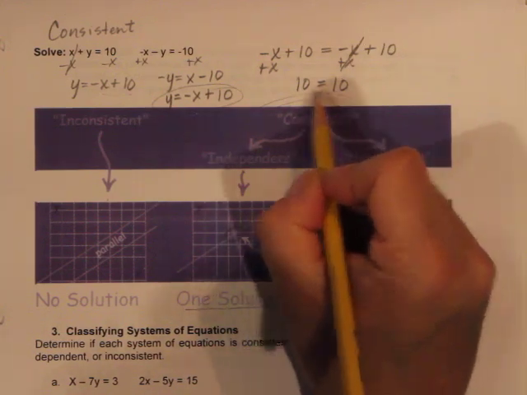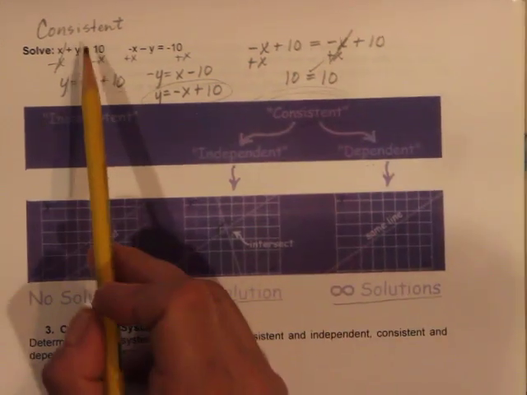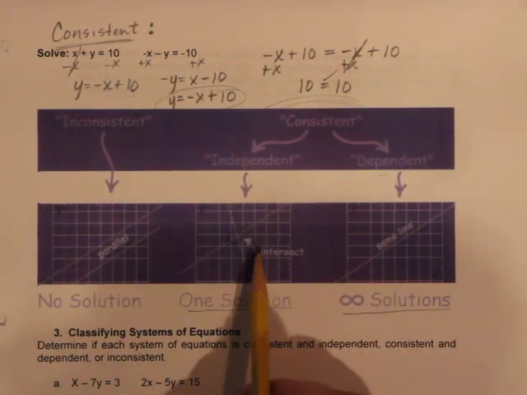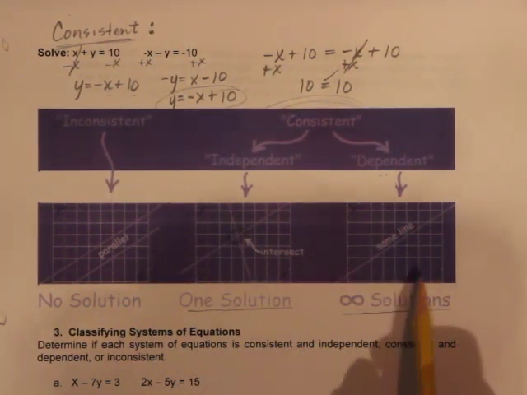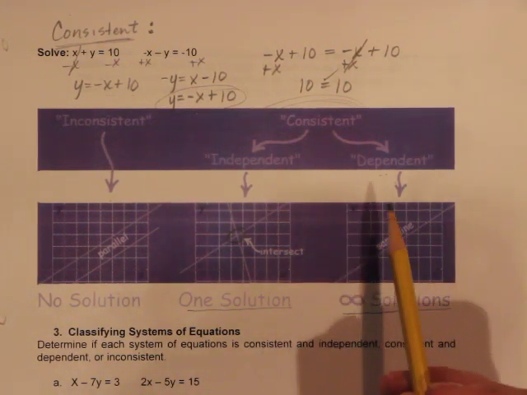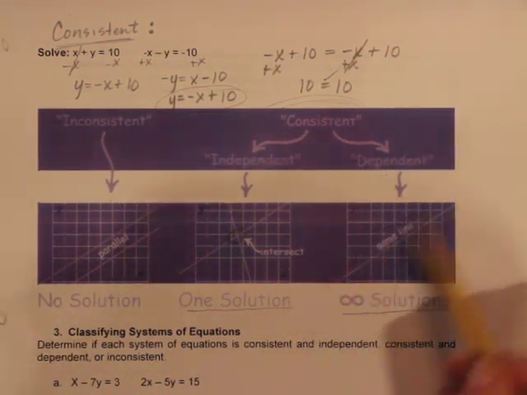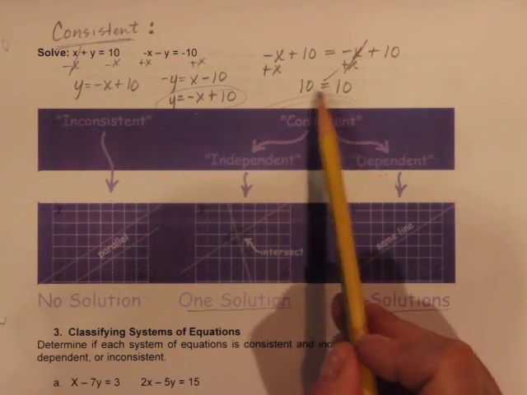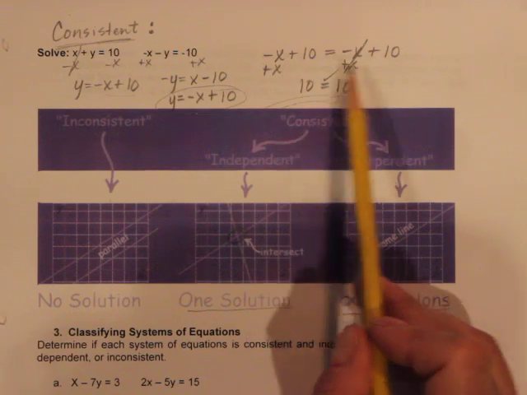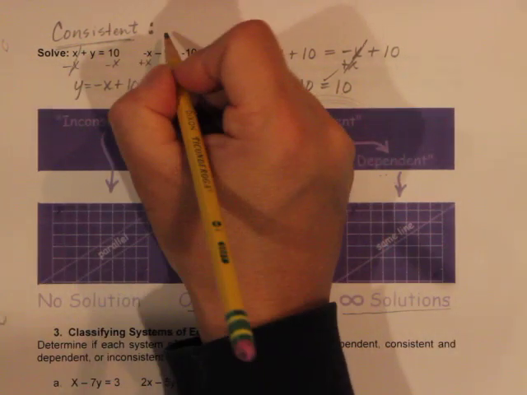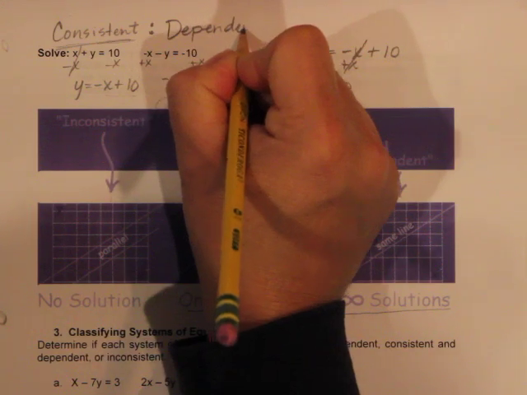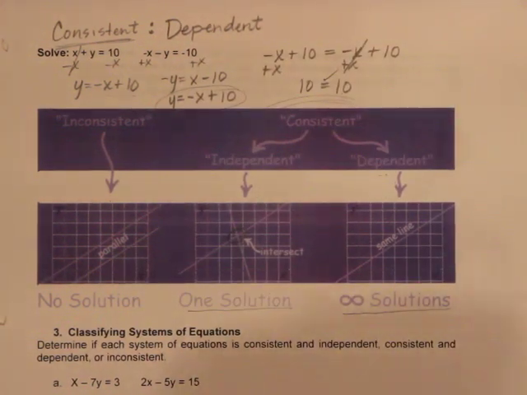Okay, I've got the same number on both sides of the equation, so I know it's a consistent system, but which one is it? Independent with only one solution, or dependent with infinitely many solutions? And the answer is dependent. It's the same line. The equations are identical, and so what I have is a dependent system of equations. Same line.